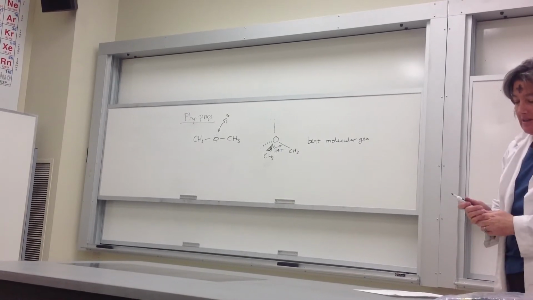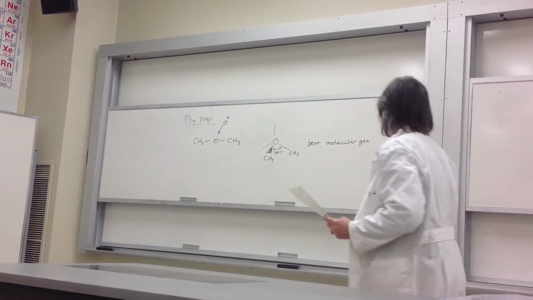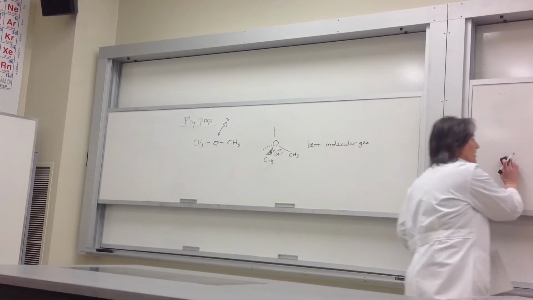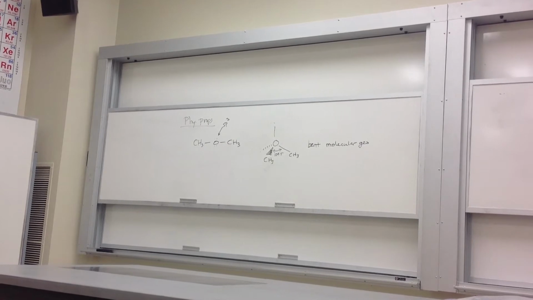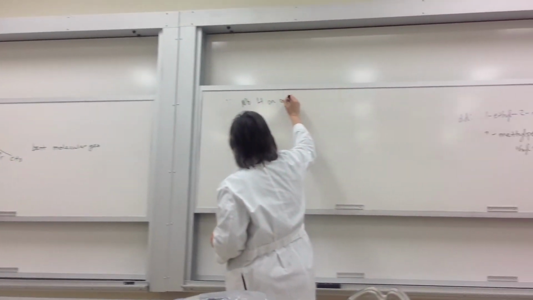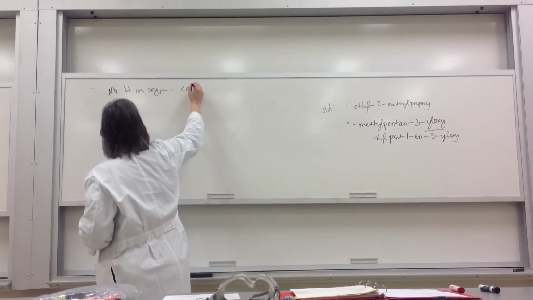One of the key things about an ether is that there is no hydrogen on the oxygen. So, guess what it can't do? Hydrogen bond. It can't hydrogen bond, exactly.